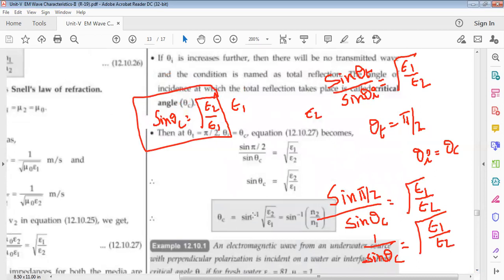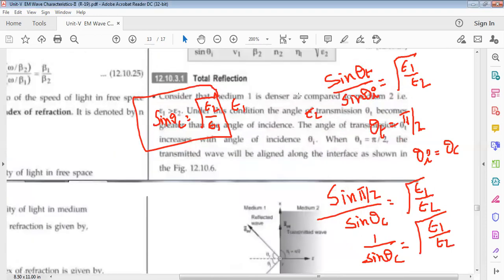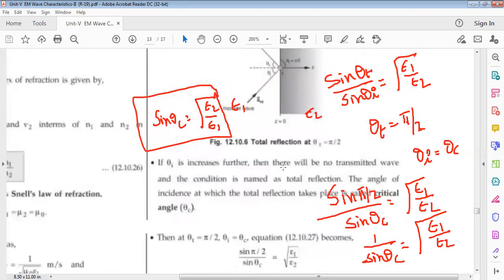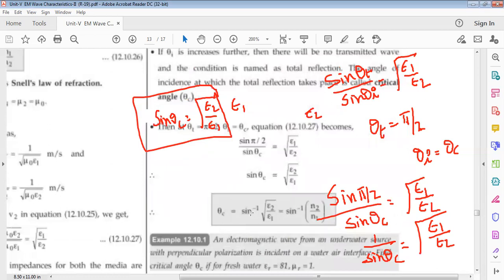Theta C is equal to sine inverse under root of epsilon 2 by epsilon 1, or it is also called sine inverse n2 by n1. All are equal, because we already derived the expression sine theta T by sine theta I is equal to V2 by V1, beta 1 by beta 2, n1 by n2, eta 2 by eta 1, and under root of epsilon 1 by epsilon 2.